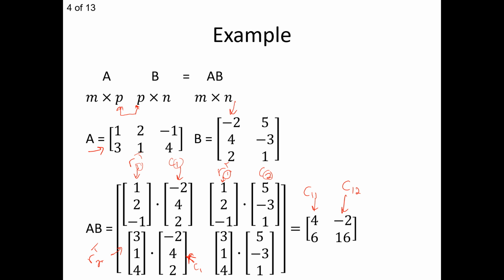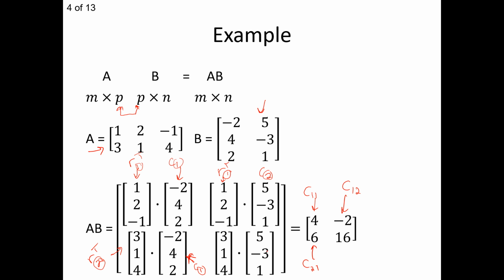Notice again my subscripts: I have a 2 there, row 2, column 1. Well, that's the element that's going there. That's my C sub 2,1, the second row, first column element. And I repeat that process one more time. I take the transpose of my row 3, 1, 4, and I'm going to dot that with my second column.